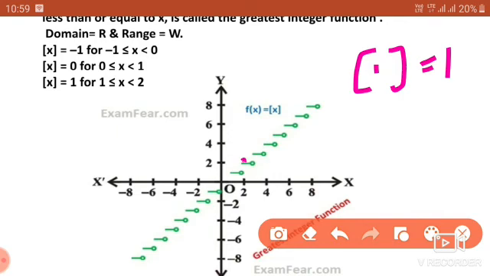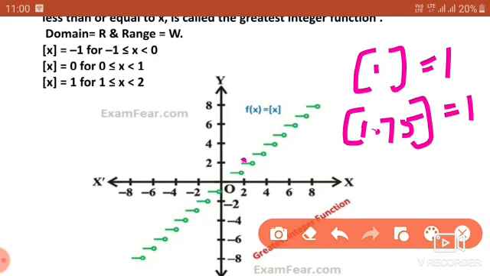So till 1.75, the greatest integer function is also 1 only. Now when it comes to 2, it is 2, and till 2.999, it will be 2. Then when it comes to 3, the greatest integer function will be 3. That's why the graph is written like this.